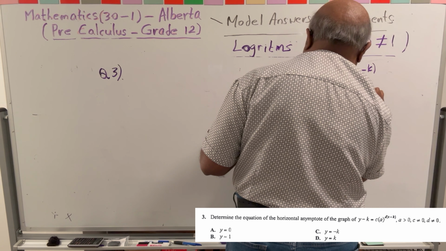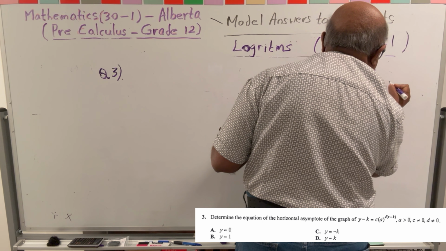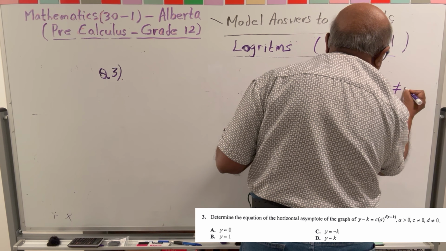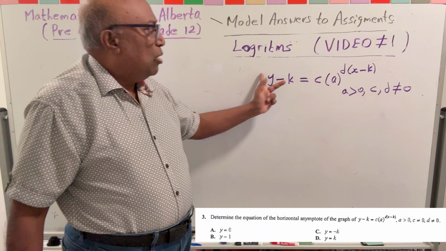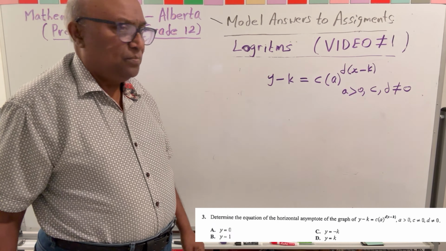A is positive, C and D are not equal to 0. These are the conditions. How does this function look?